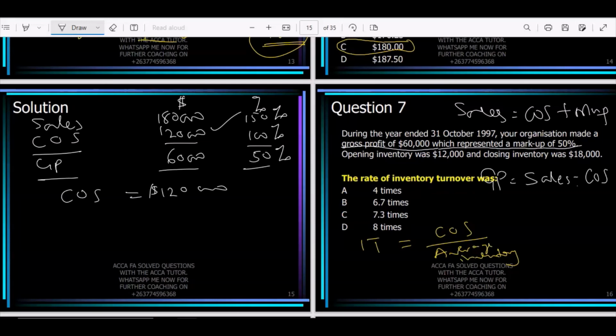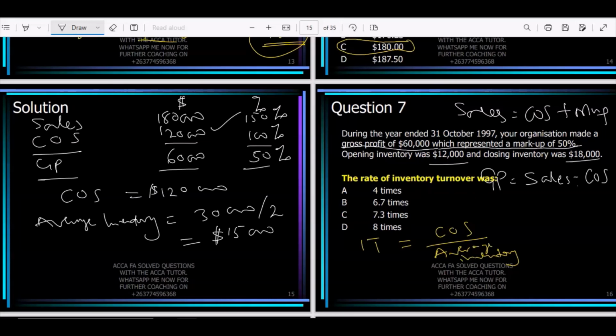So let's find the average inventory. Average inventory is equal to, we are told that the opening was 12,000 and the closing was 18,000. So 12 plus 18,000 gives us 30,000 divided by 2. The average, we can say that the average is 15,000.